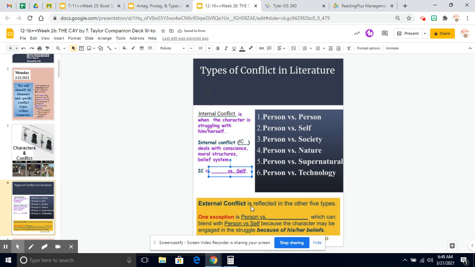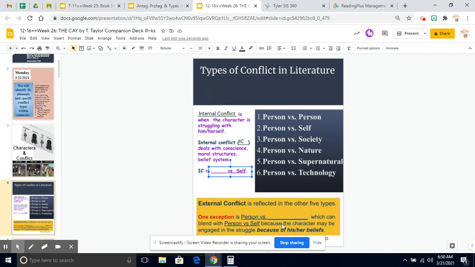Down here, external conflicts. Internal conflicts, the only one is going to be person versus self, but all the rest are basically external conflicts. The one exception to this would be person versus supernatural, because you might have an internal conflict because there's a supernatural situation, whether it's religion or ghosts, or like in the book, the voodoo.